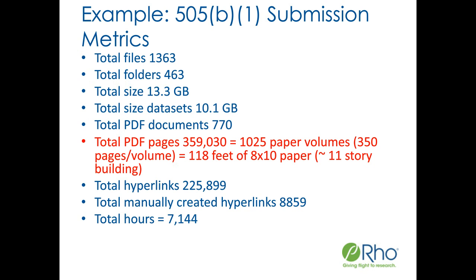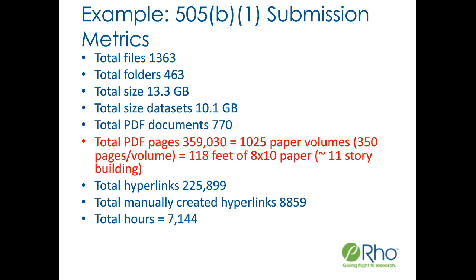To give you an idea of what these NDAs comprise, this is the total files, ultimately down to, this is just a recent example that we have. The volumes are fairly significant if we were still doing it in paper. And the hyperlinks is a job in and of itself, making sure that all those hyperlinks go to the right places.